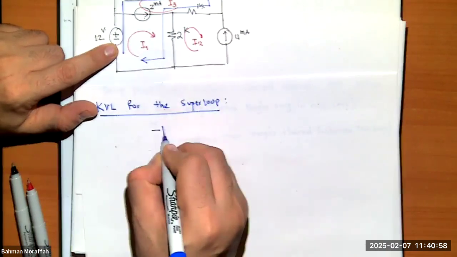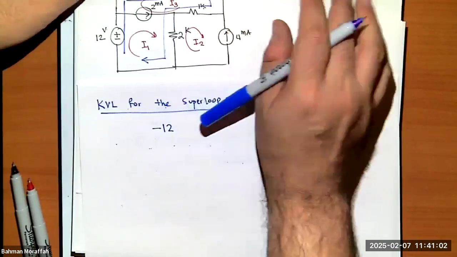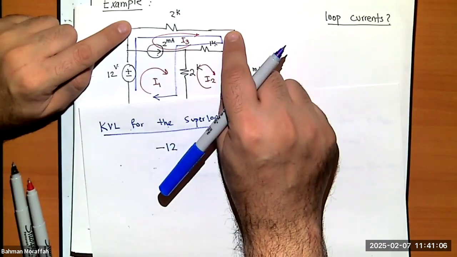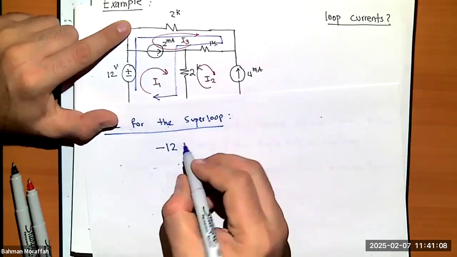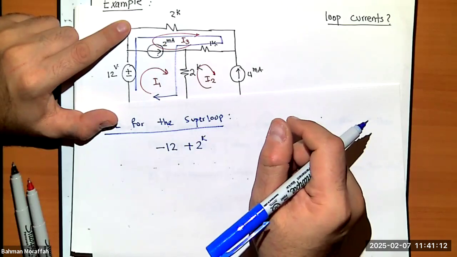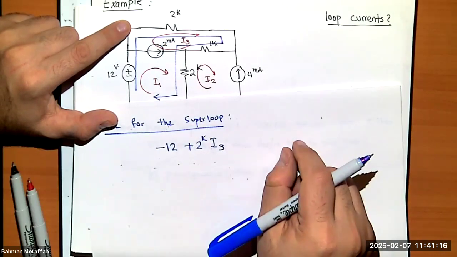What do I have? I have minus 12 plus the voltage across this guy. What is the voltage across this guy? That is 2K times the current through it. What is the current through it? I3.